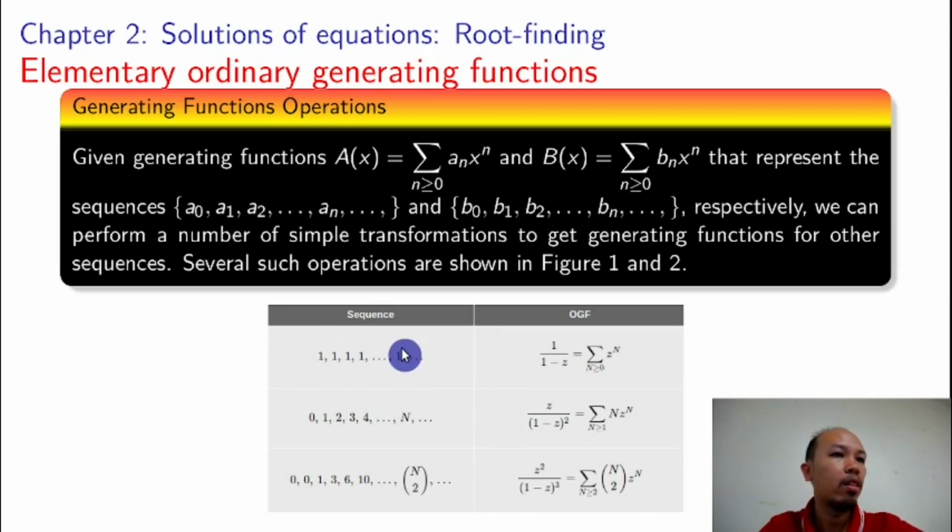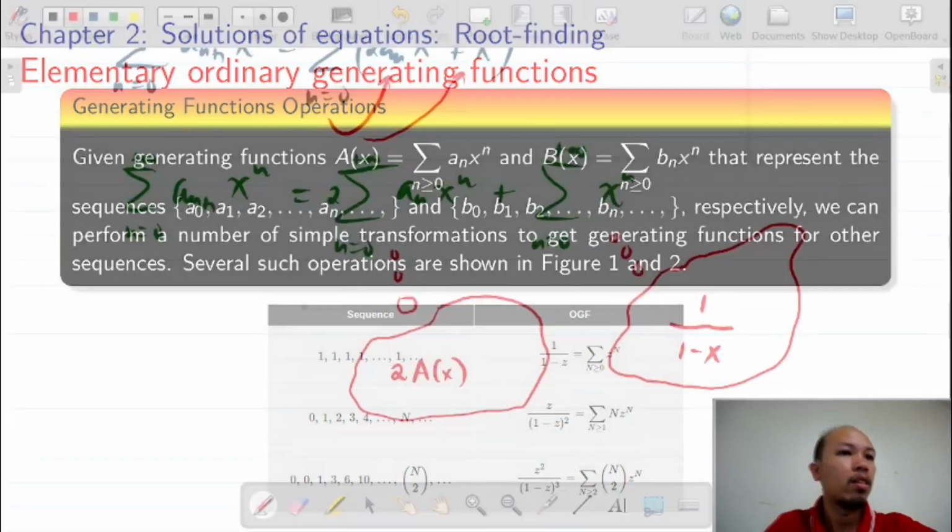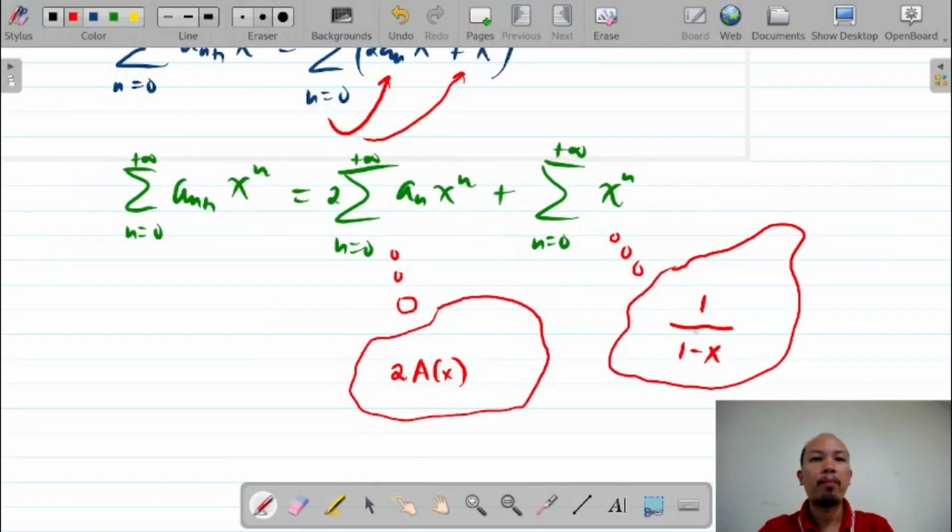Okay, so that's it for the first term on the right hand side and the second term on the right hand side. But notice that the left hand side is not a of x, right?